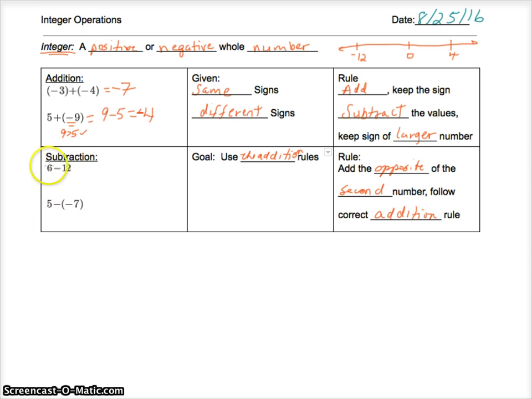So for the first example in here, I've got 6 minus 12. I'll go off to the side and rewrite this. I'm going to rewrite it as 6 plus the opposite of 12, which is negative 12.